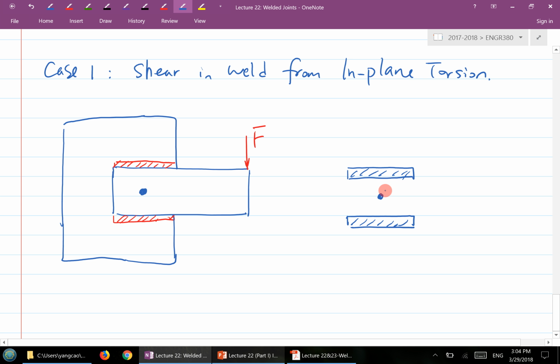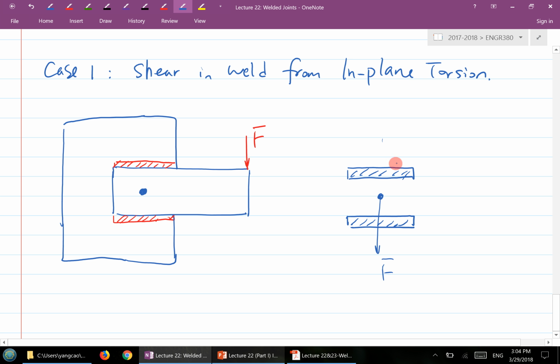Now, because of the F here, what type of loading exists for the weld group? You would have a force everywhere along the weld group going down, right? And then the F will also try to cause a rotation.